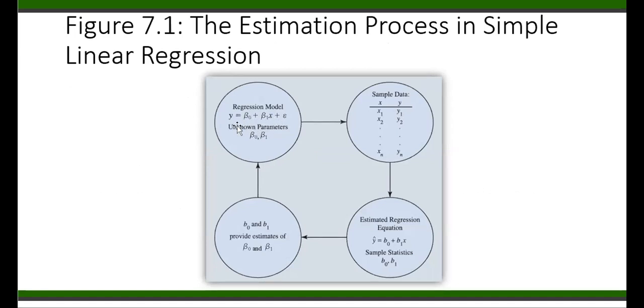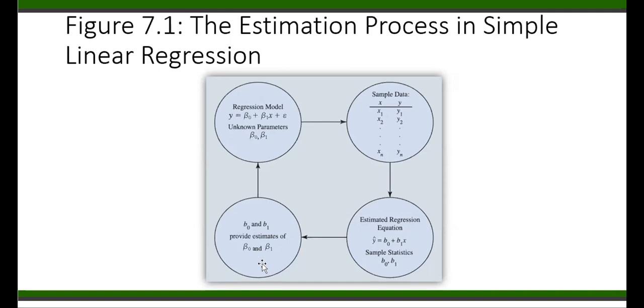In order to be able to make some conclusions about beta 0 and beta 1 and the real relationship between x and y, we're going to take some sample data and come up with an estimated regression equation. We're going to use the least squares method in order to find B0 and B1, and using B0 and B1, we're going to be able to estimate beta 0 and beta 1.